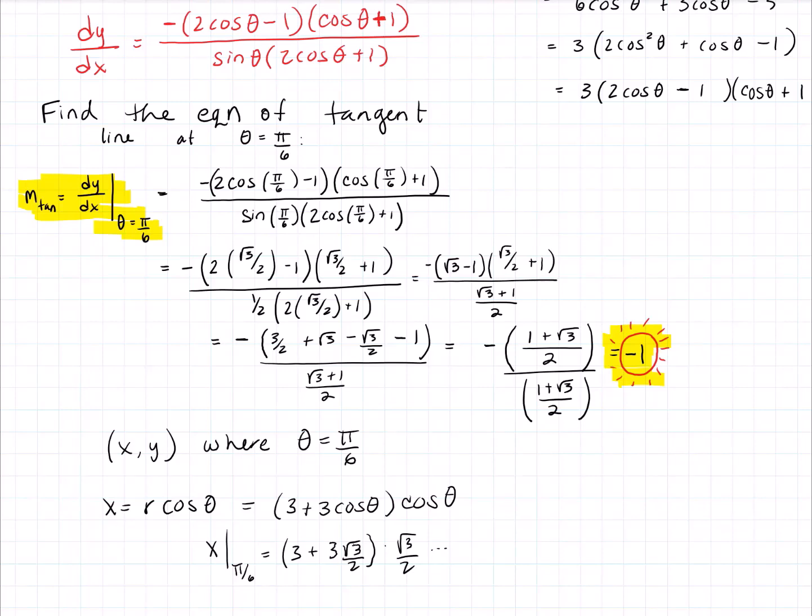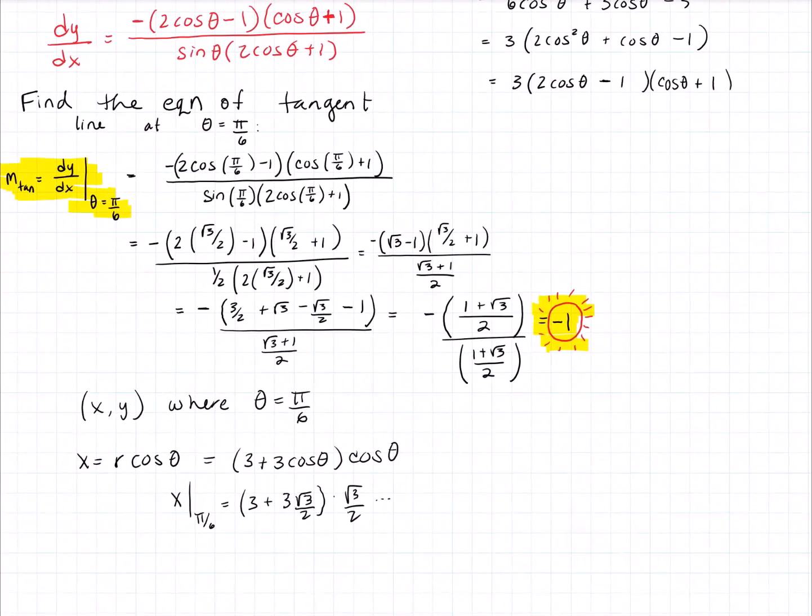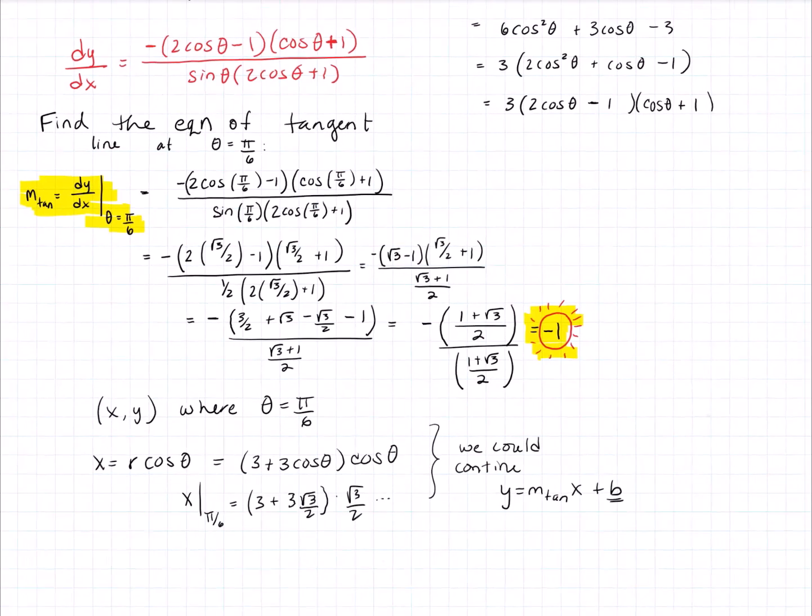We'd find the x, we'd find the y, we'd do the algebra and come up with the line. So I'm just going to leave it there. We could continue until we had y equals the actual tangent line, which we already know, -1 x plus b. We could continue and figure out b, but we're going to leave it at that.